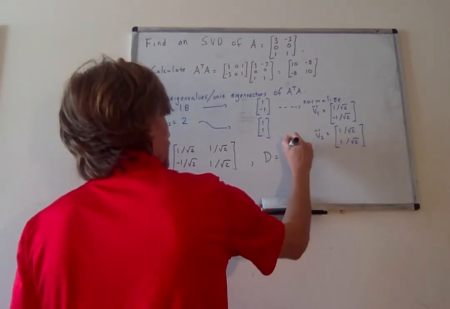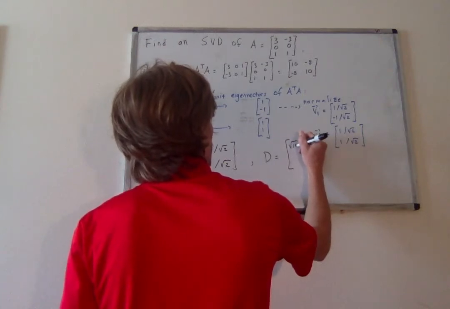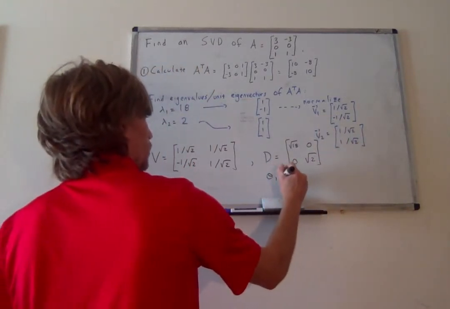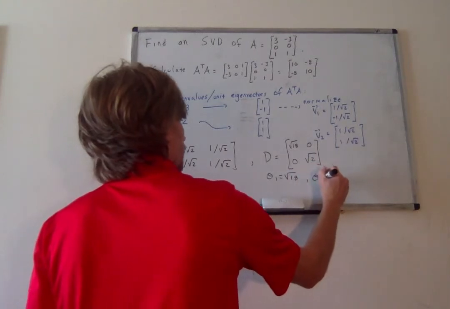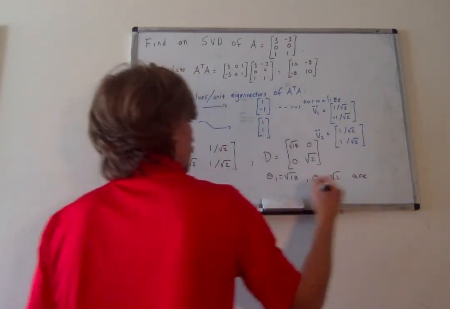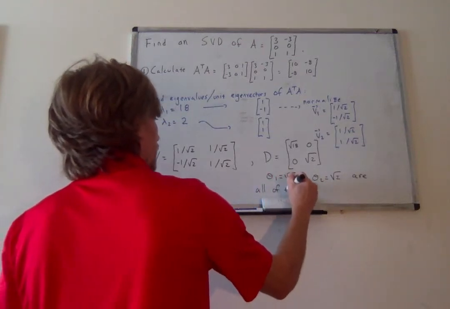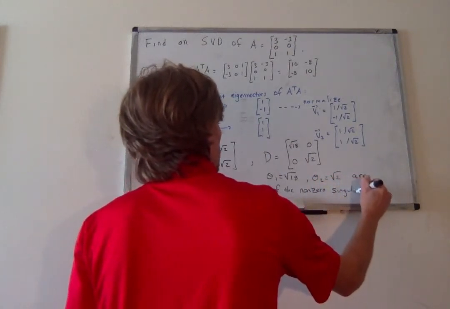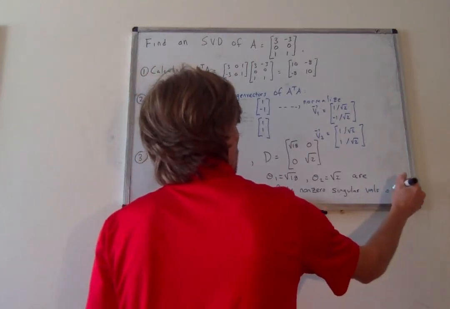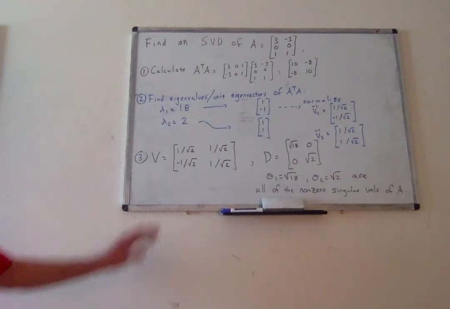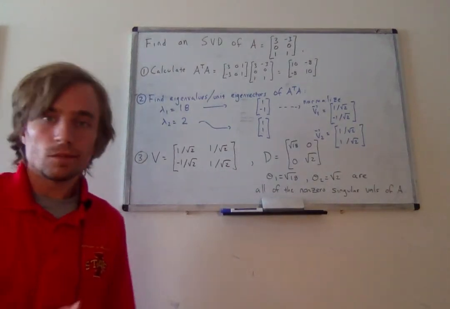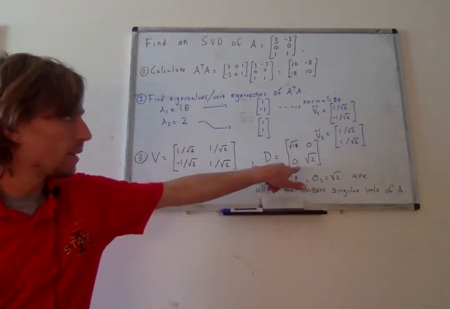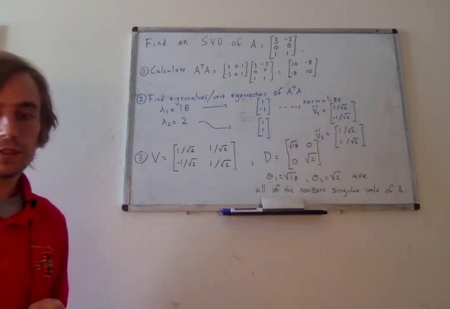And the diagonal matrix D should contain the corresponding singular values of A, where sigma 1 is equal to square root 18, sigma 2 equals square root of 2, are all of the non-zero singular values of A. Notice here, in this example, all of these singular values of A are all of the non-zero singular values of A. But it should be pointed out as a reminder that the diagonal entries on D should only be the non-zero singular values.